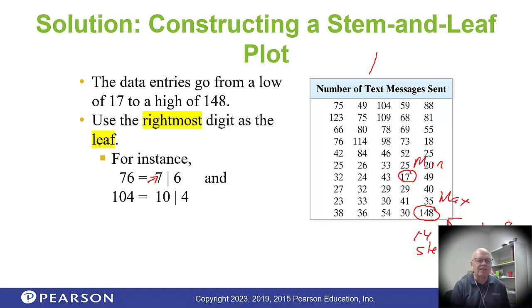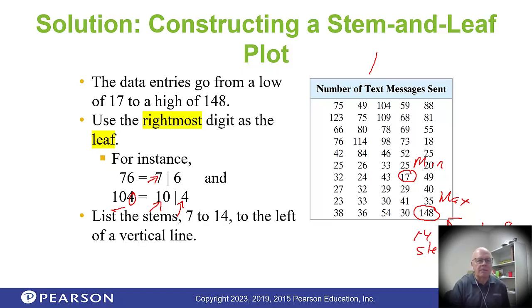That's one piece of our stem and leaf plot. The 104, this 4 becomes a leaf, the rest of it becomes part of the stem. Of course, you usually only have one stem for each set of 10 or 20 or whatever you've got, but you'll get used to that.